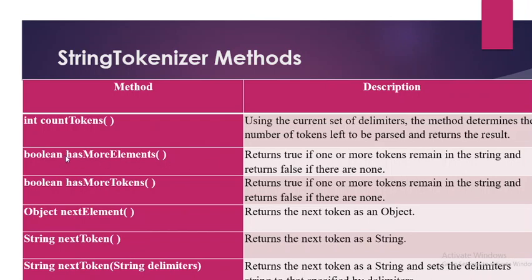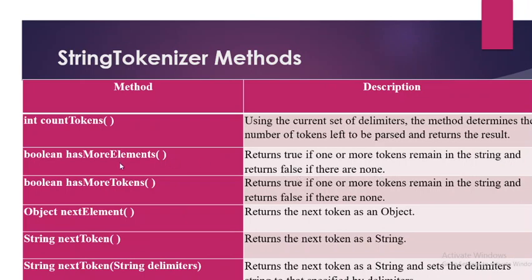Next method is boolean hasMoreElements. The return type is boolean. All these methods are instance methods. This method returns true if one or more tokens remain in the string and returns false if there are none.